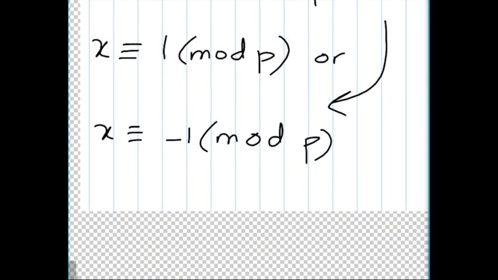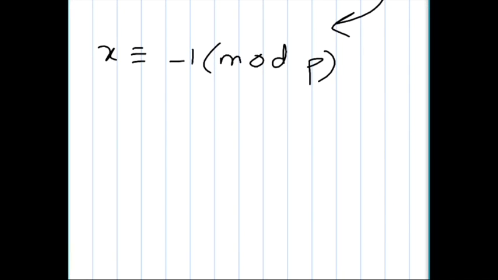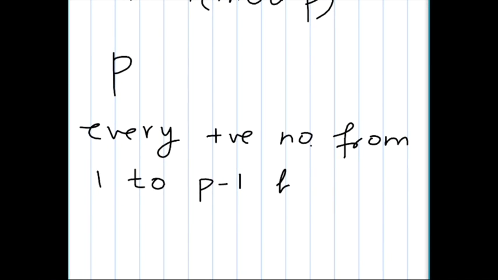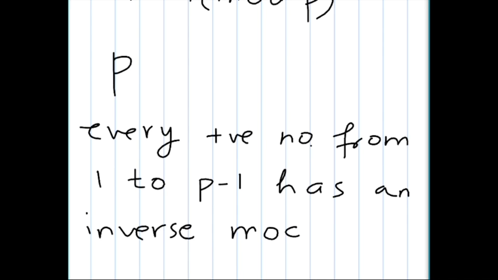Now I want you to imagine that we have a prime p, and every positive number from 1 to p minus 1 has an inverse modulo p.